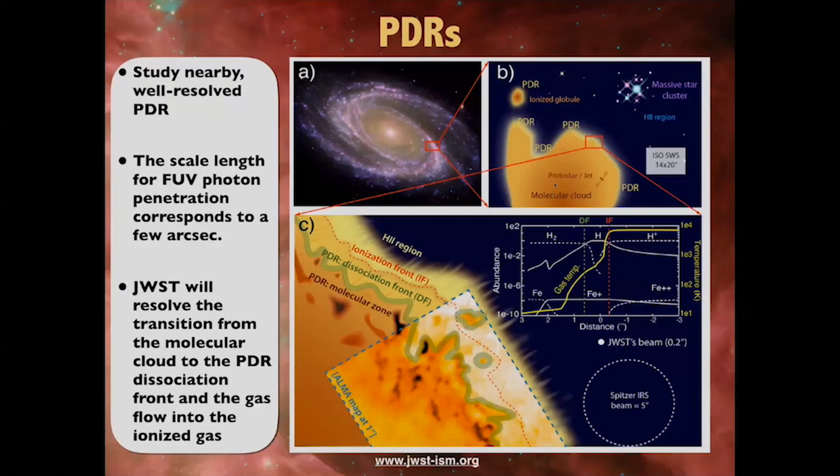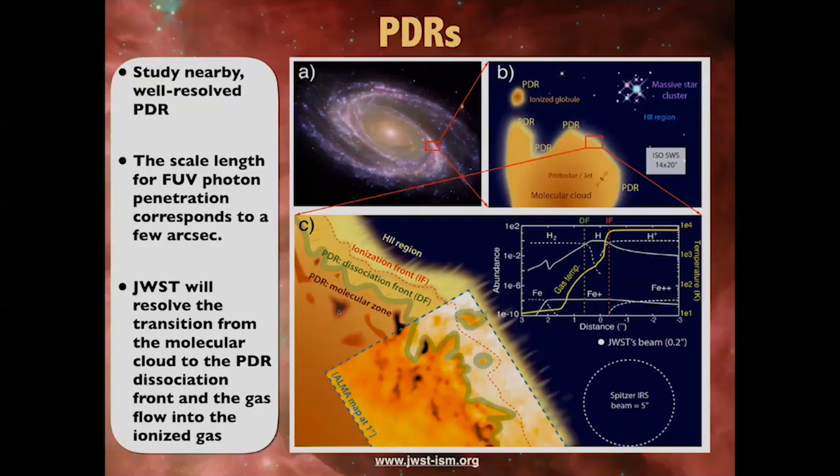If you zoom in on this square, you go to the bottom figure. What you can see now is the details of the transition from the ionized gas, crossing the ionization front, crossing the dissociation front, where you go from neutral hydrogen to molecular hydrogen in the molecular zone.